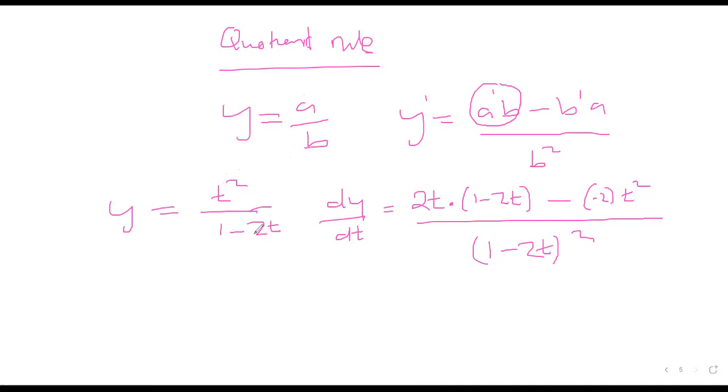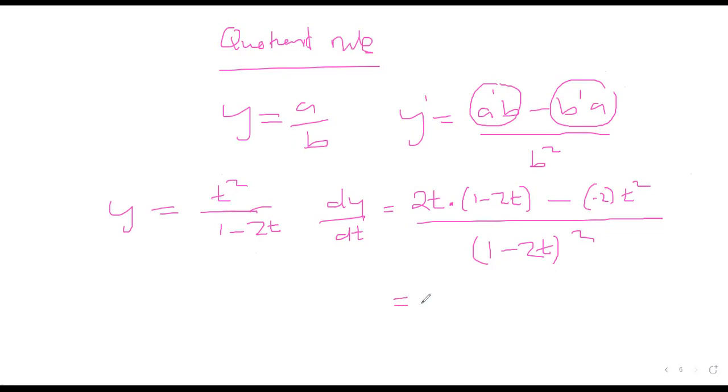Differentiate the denominator, 1 minus 2t, we will get negative 2. That's a negative 2 here. Then you multiply the derivative of this one times the numerator as it is, t squared. All right, so this is what we did here. Then you just square the denominator to the power 2, which is this part there.